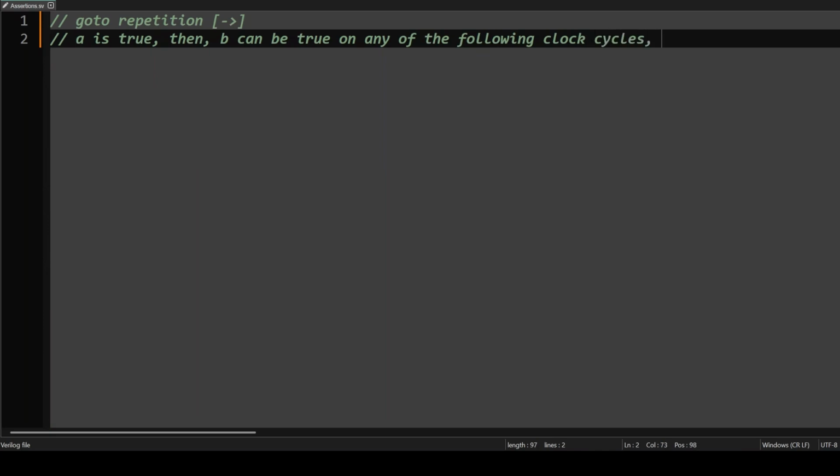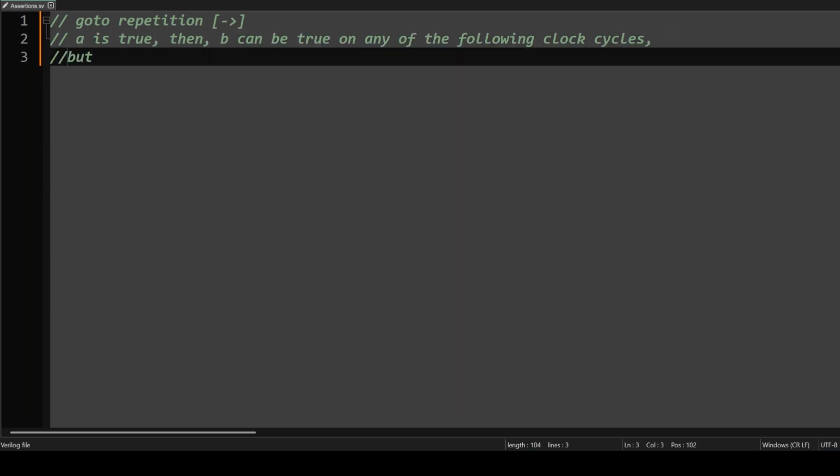But it should be true for at least twice or at most 10 times.